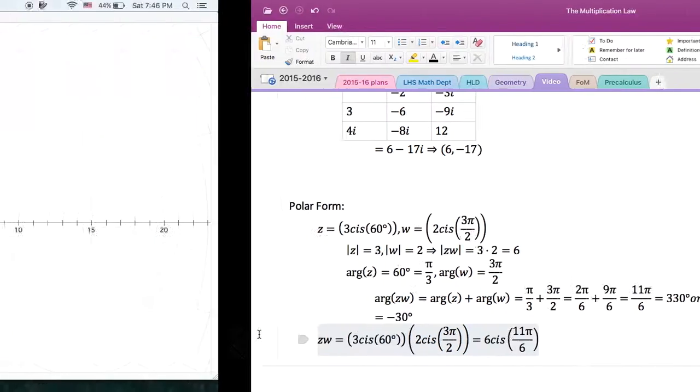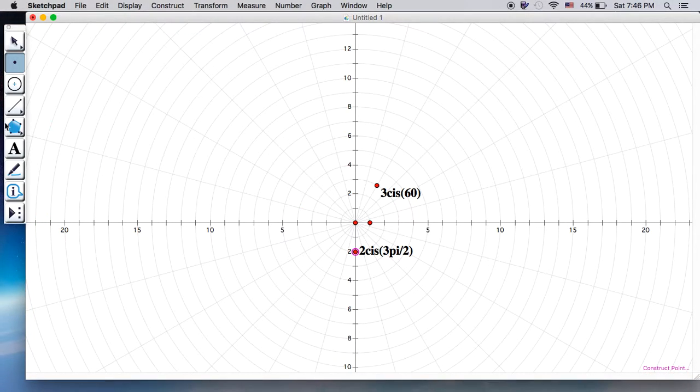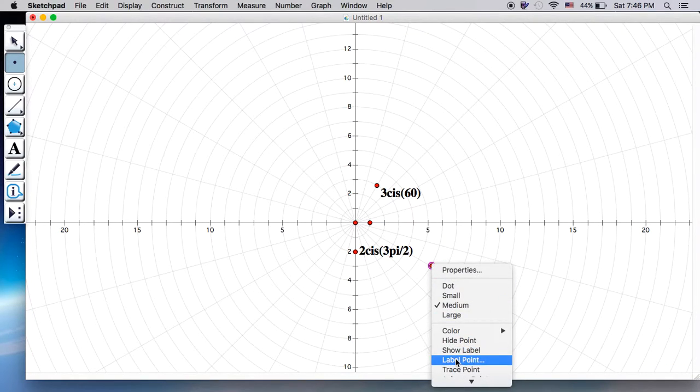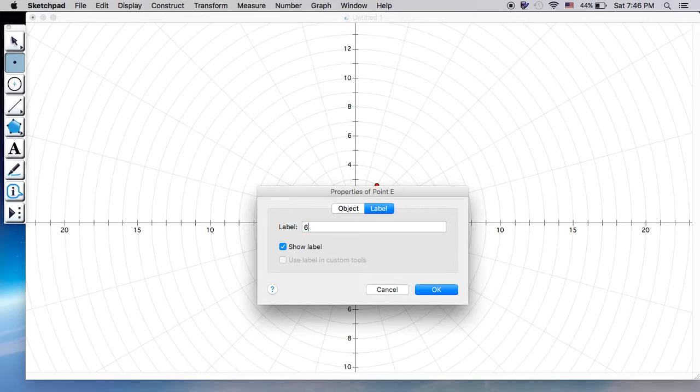So how do you graph that? The magnitude should be 6, so it should be 6 away from the origin, and then it should be at negative 30 degrees, which should be here. So that is 6 CIS 11 pi over 6.